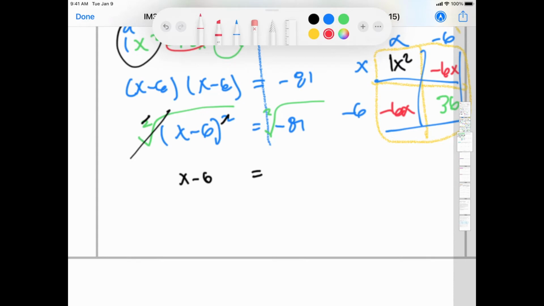Remember, every time you take a square root of an equation, so taking a square root on both sides, you must have this plus or minus. You must. The factors of negative 81 are negative 1 times 81. And what do pirates say? They say i. And then just add the 6 in front. So you have 6 plus or minus 9i is your answer.